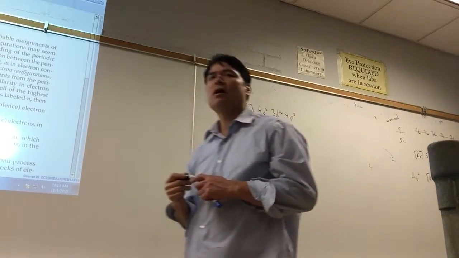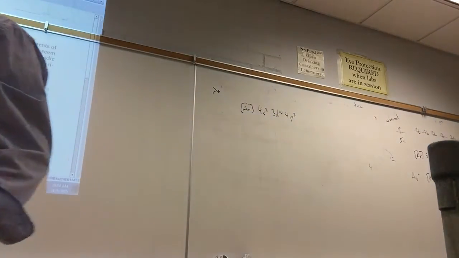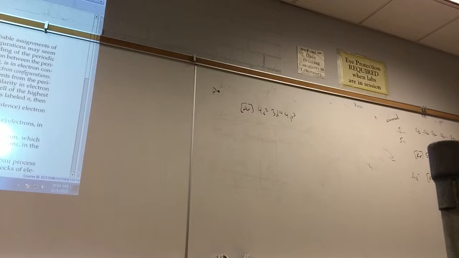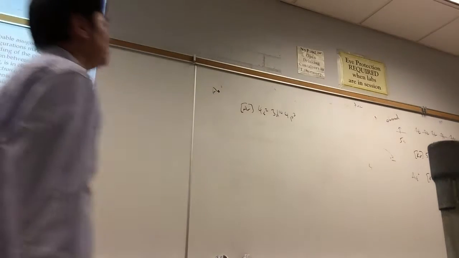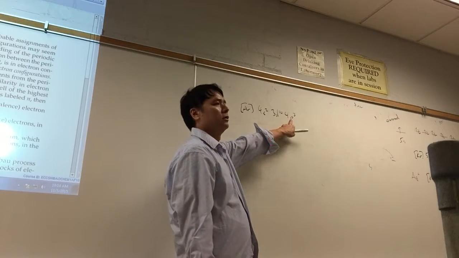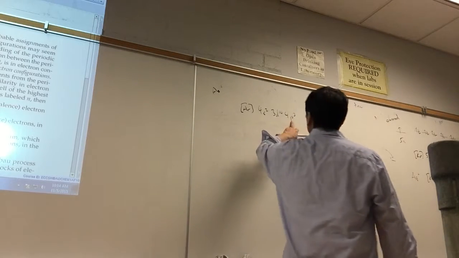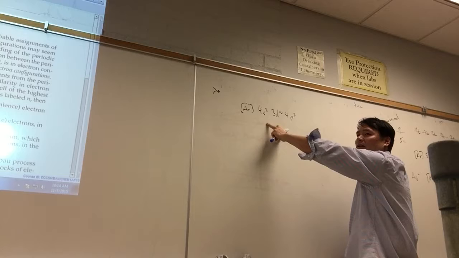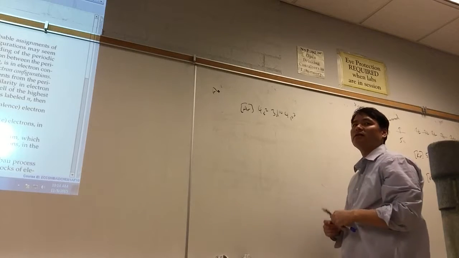And so how many valence electrons does arsenic have? 3 valence electrons? No, actually 5 valence electrons.